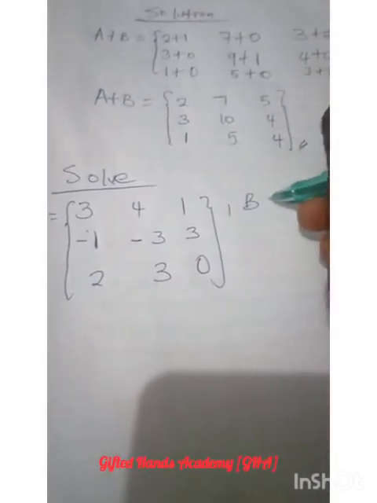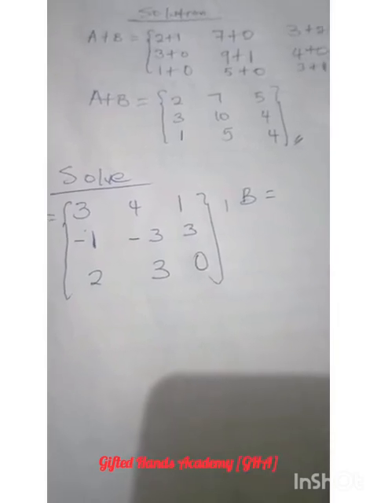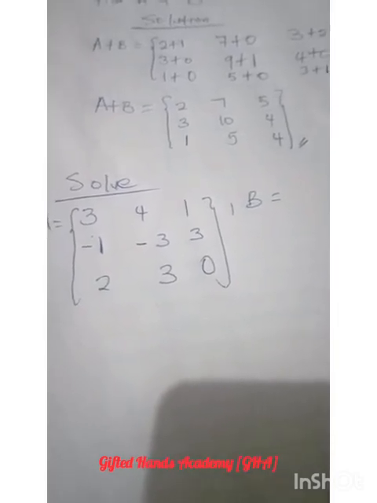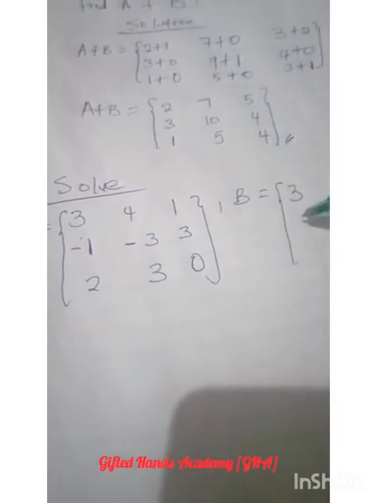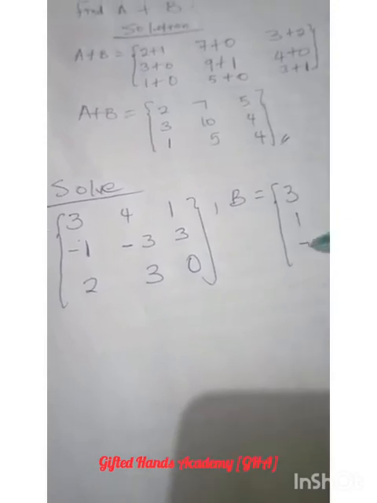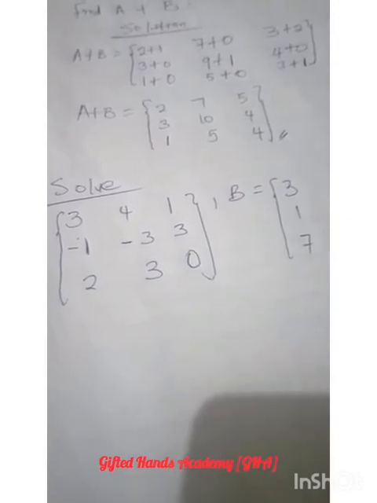Then this is matrix B. I have 3, 1, 7, 9, 11, 5, 7, 7, 7.